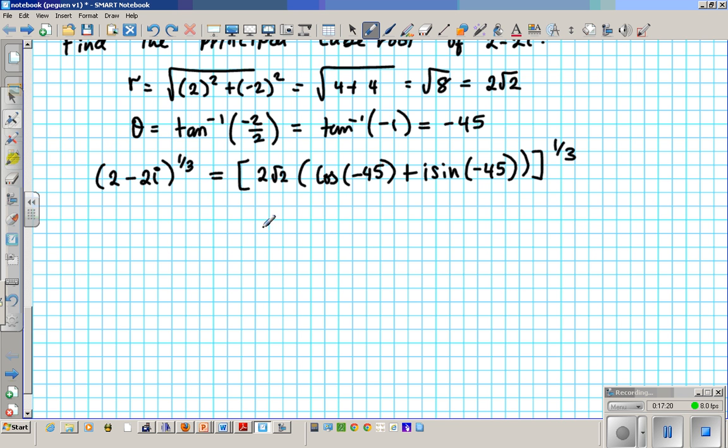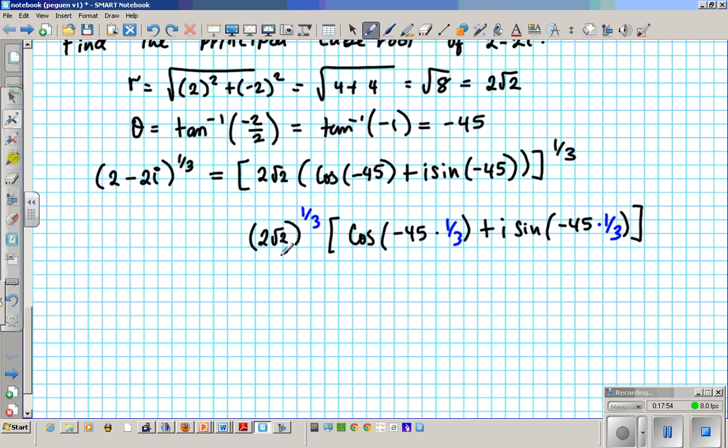We're going to go 2 root 2 raised to the 1/3 times cosine negative 45 times 1/3 plus i sine negative 45 times 1/3.